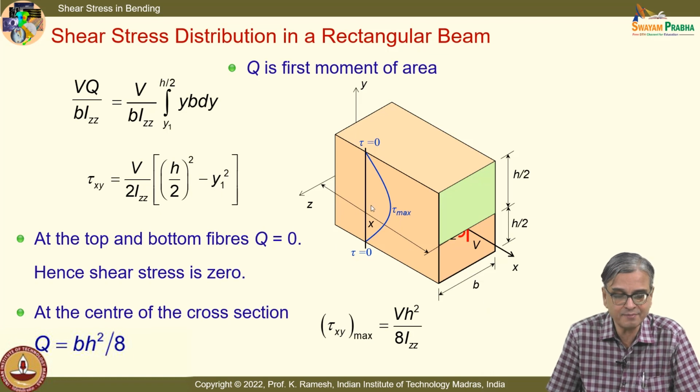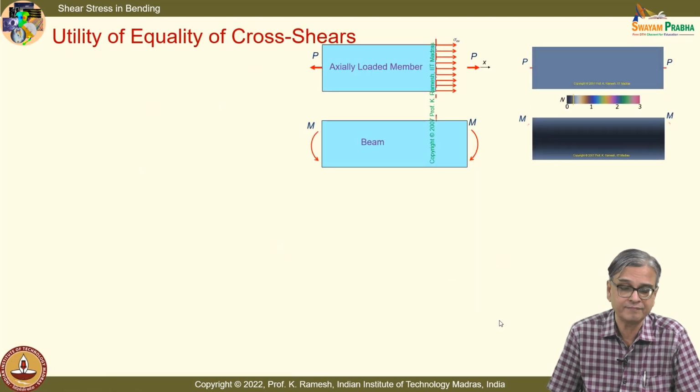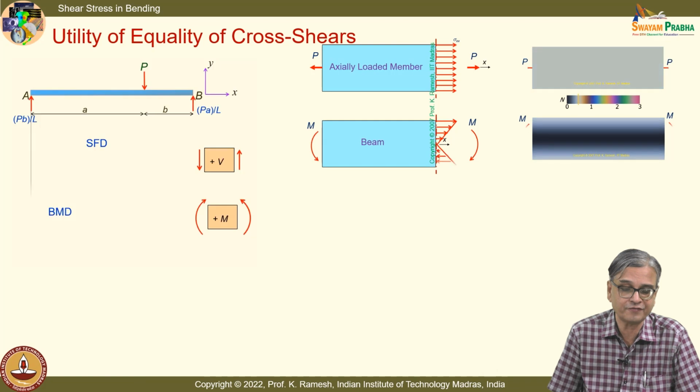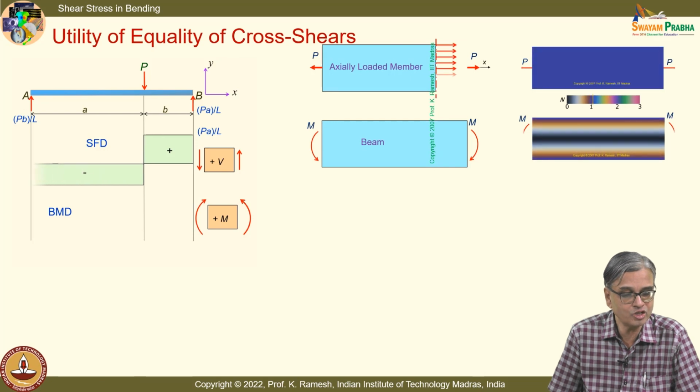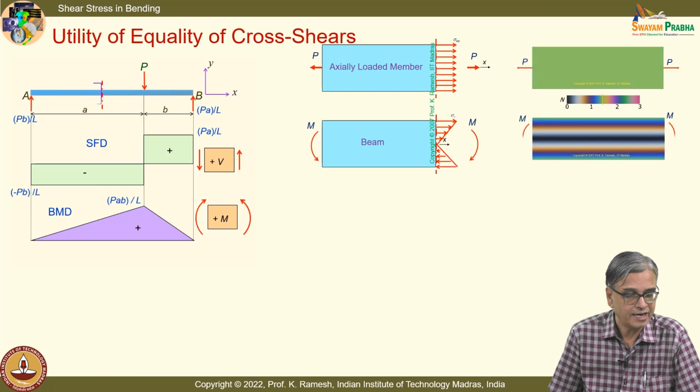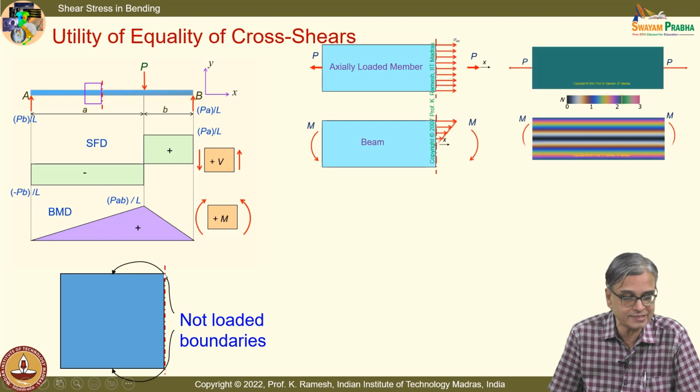and it is a maximum at the centroidal plane, which we have also seen a long time back when we discussed the free surface. I took a generic 3-point bending, and there the argument we put forth was, I take a section, and these are not loaded boundaries, and I said I can find out what happens at this top point and bottom point.